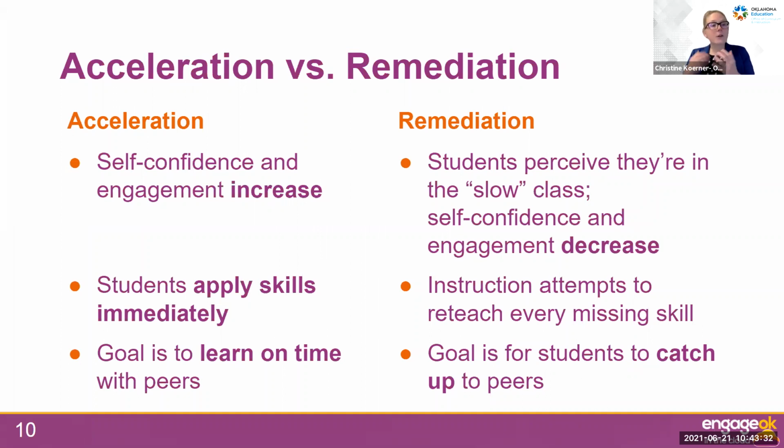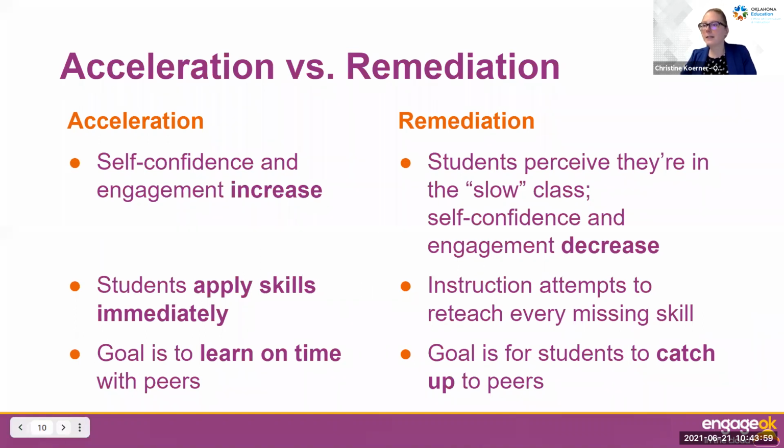And then for the goals of learning acceleration, it's really to learn on time with their peers. They are learning simultaneously with their already on grade level peers versus trying to catch them up or get them thrown into a regular classroom or anything along those lines. We're really working simultaneously with the on grade level content to support their learning.